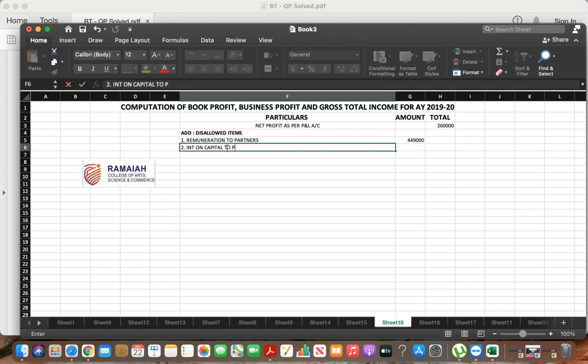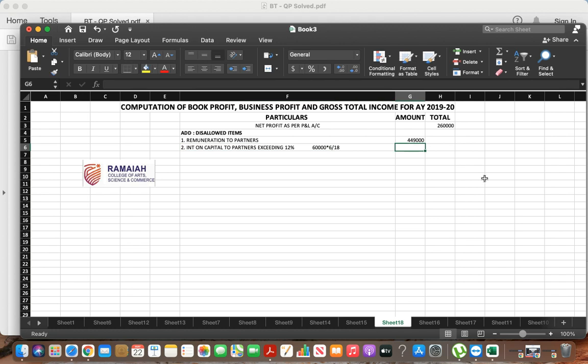Interest on capital to partners exceeding 12%, so that is 60,000 into 6 by 18. Tell me the value. 20,000.